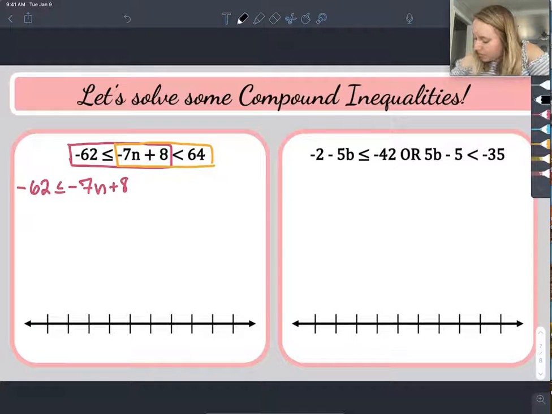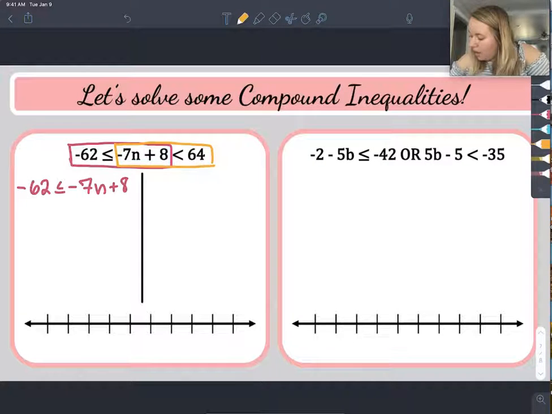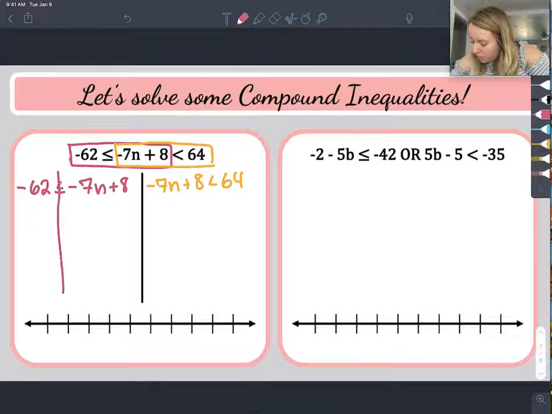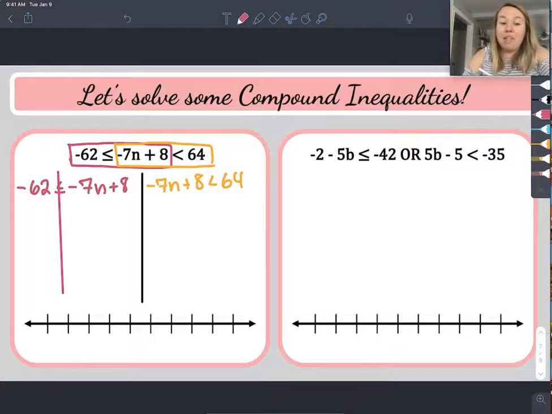And then I'm going to separate that with a line down the middle just because I want you guys to see that the work is separate. And then I'm going to have my negative 7n plus 8 is less than 64. So again, I wrote these in the same way that they're written in the inequality. To solve for the one on the left, the pink one, I'm going to draw my line down the inequality, and then I'm going to subtract 8 on both sides.